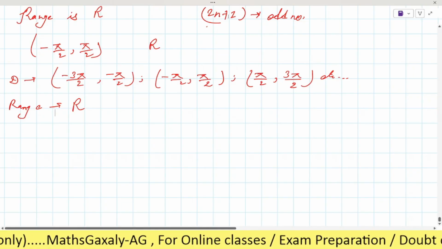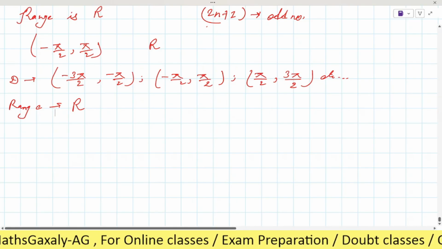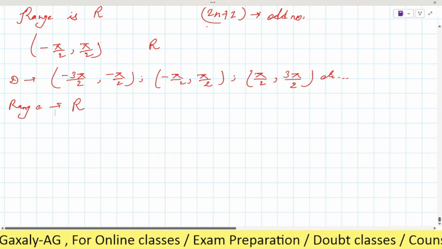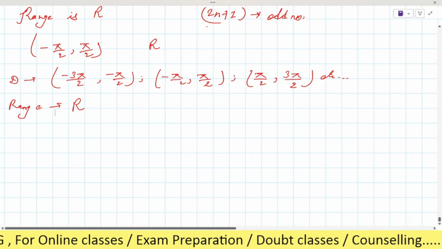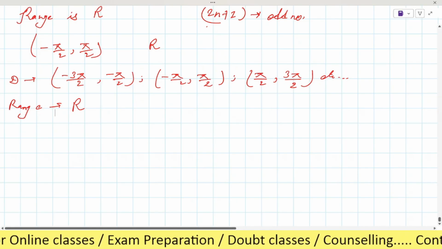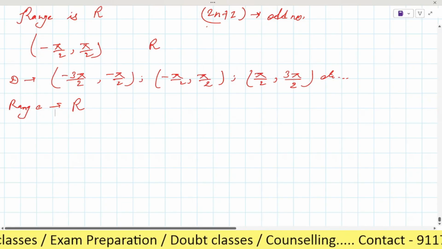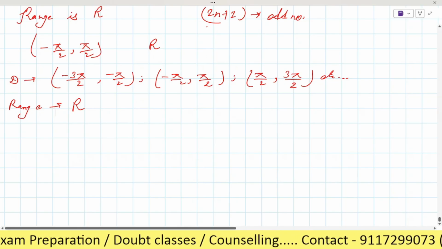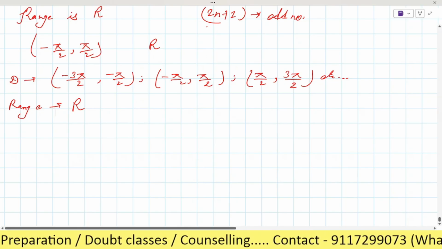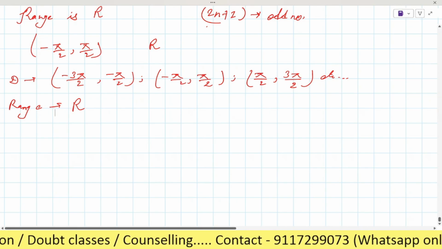So when it is (a, b), it becomes (b, a). So the domain becomes the range and the range becomes the domain. Thus tan inverse can be defined as the function whose domain will be R, in the tan inverse function.